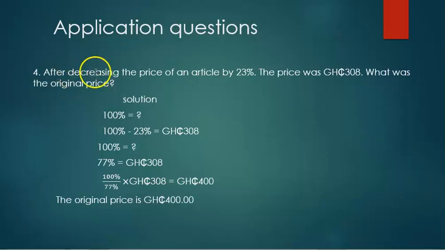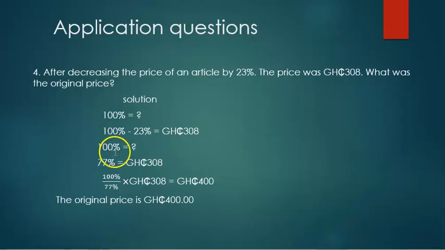Now there has been a decrease. So taking 23 from 100%, which represents the percentage decrease, is equal to 308 Ghana cedis. So they decreased it, so they had this. Now since 100% is equal to question mark, the percentage decrease, which is 77%, is equal to 308. So the new price that has been decreased should be equal to the new price that has reduced.